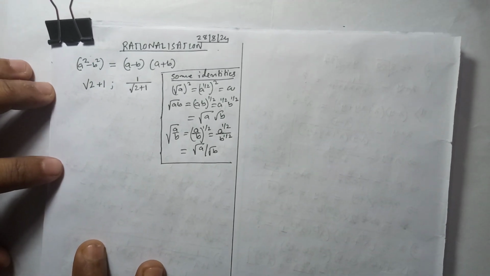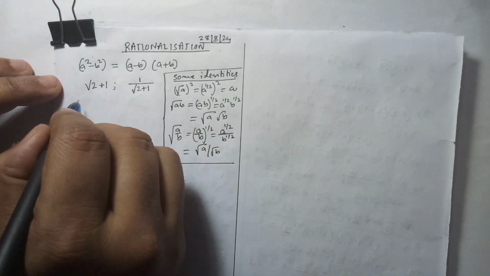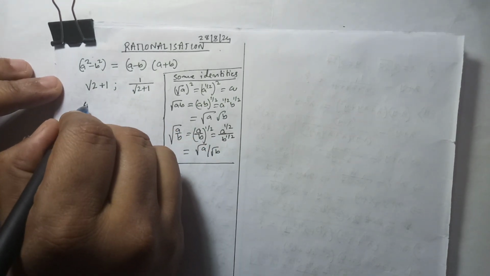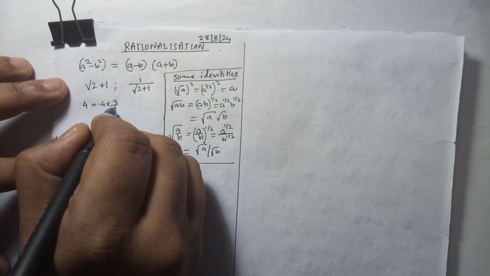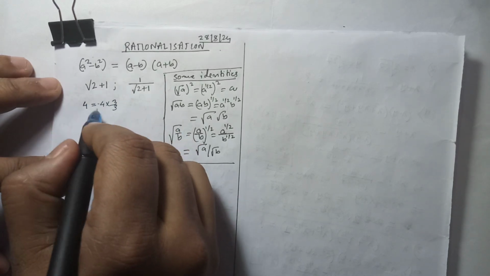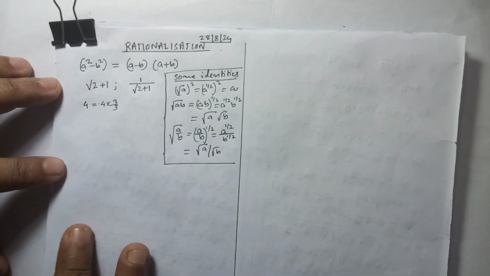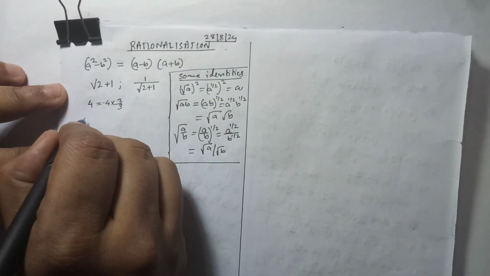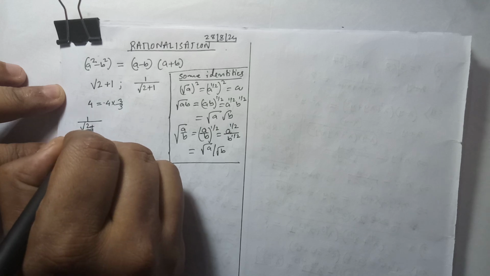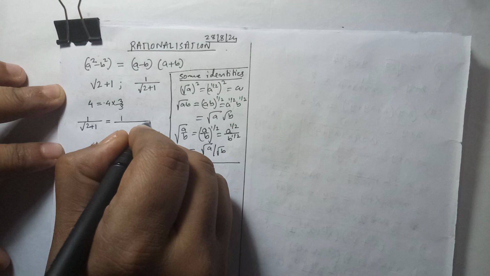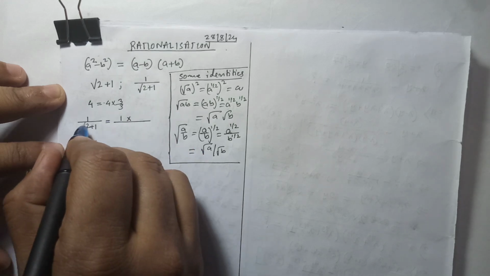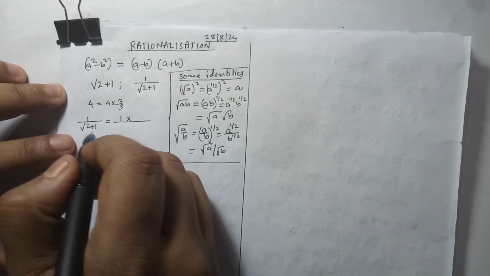So how do we do it? Suppose I have a number 4, I can convert it into an equivalent fraction, 4 into 3 by 3. The right hand side is equal to the left hand side. In a similar way, 1 by root 2 plus 1, I have to convert into an equivalent fraction such that the denominator is a rational number.